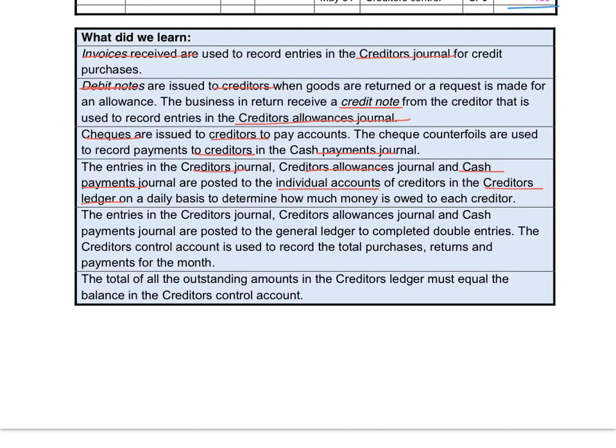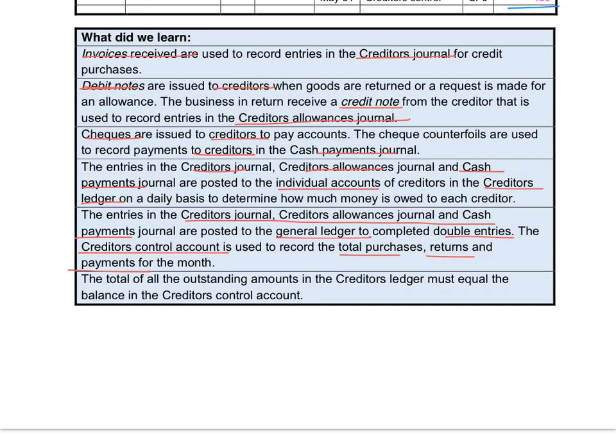The entries in all three of these journals are posted to the general ledger to complete the double entries. So the creditors control account is used to record the total purchases, so the total purchases column in the journal, total returns, and the total payments for the month.